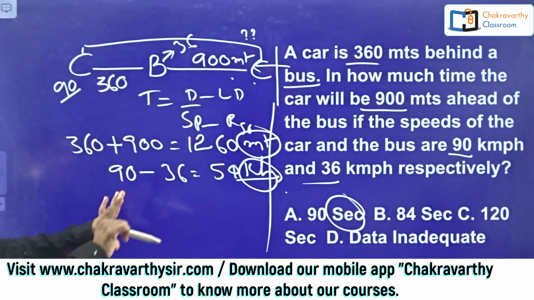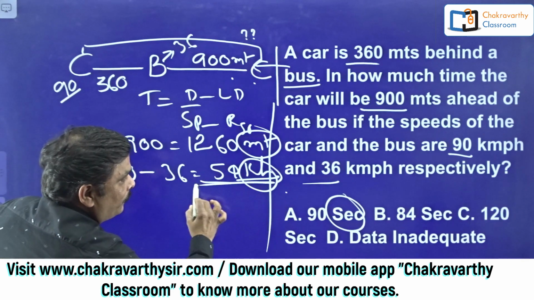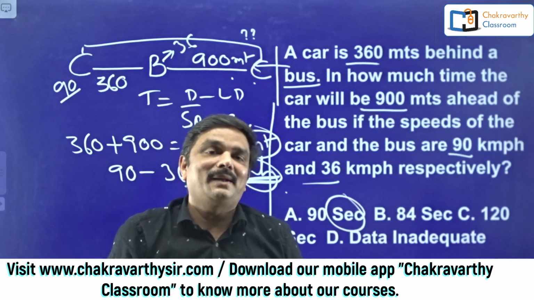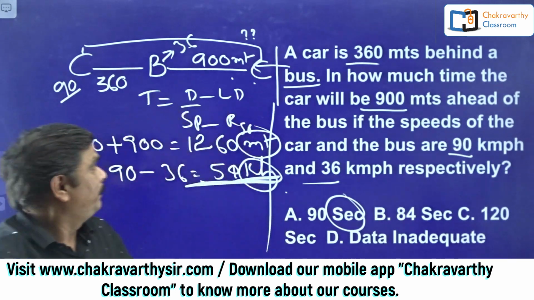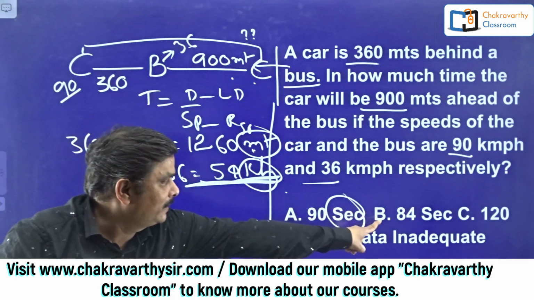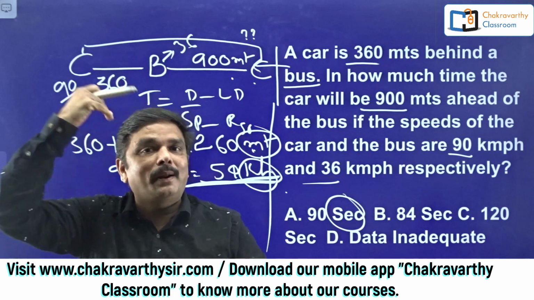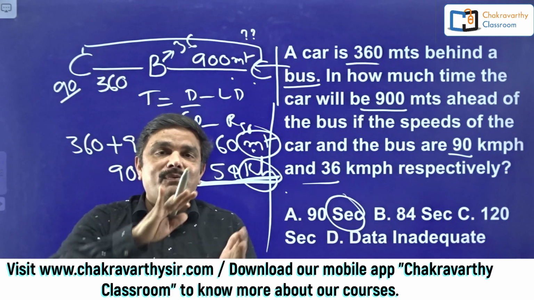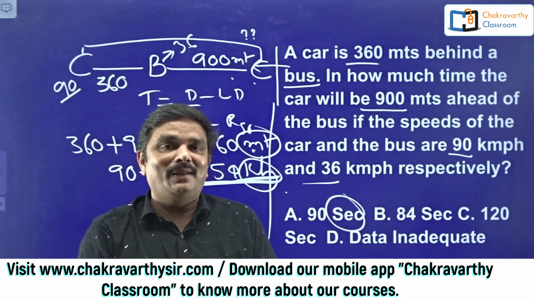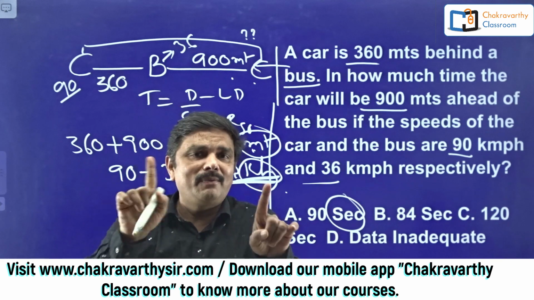So now, since I need to get the answer in seconds, convert this 54 kilometers per hour to meters per second. Why meters per second? Because one of the quantities given is in meters, and they are asking the answer in seconds. How to convert from kilometers per hour to meters per second? In the basic classes we have learned that, multiply by 5 by 18.